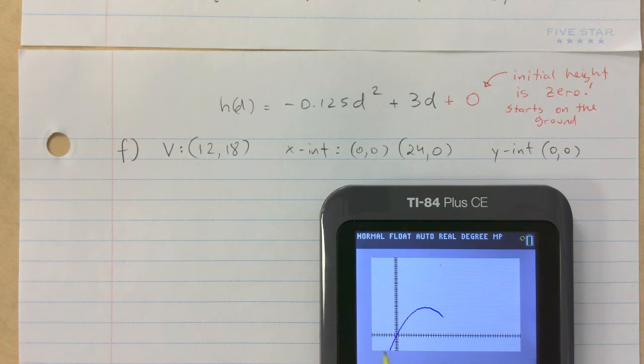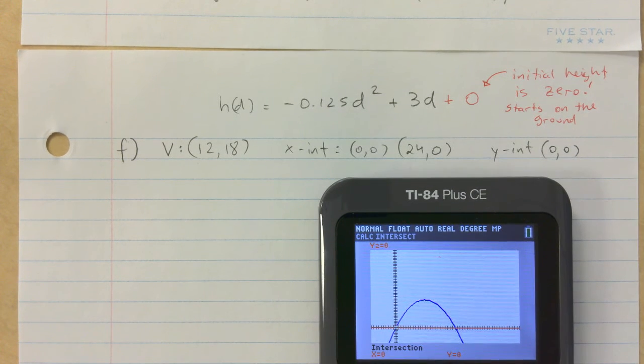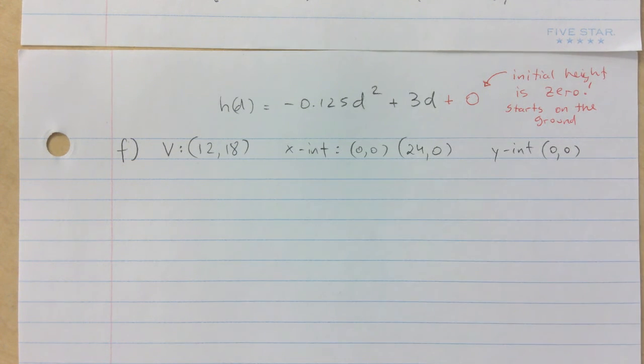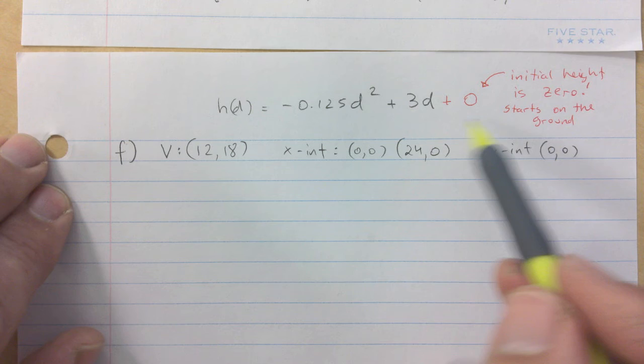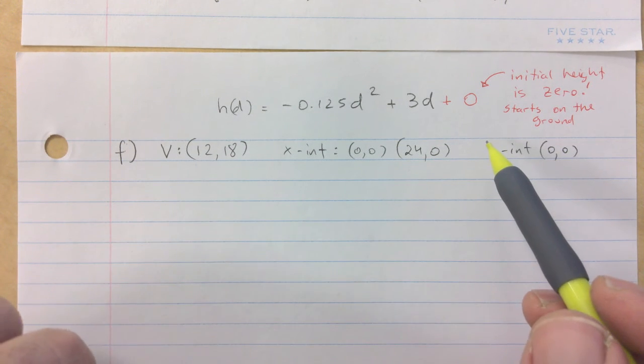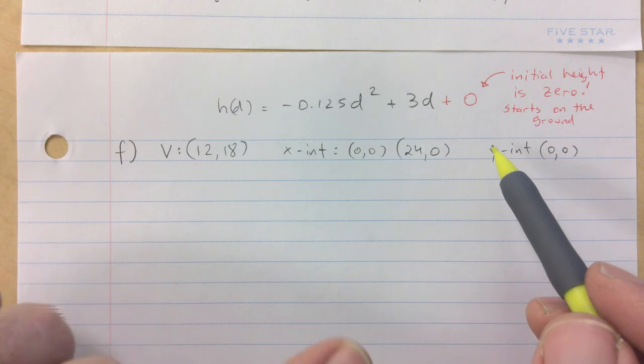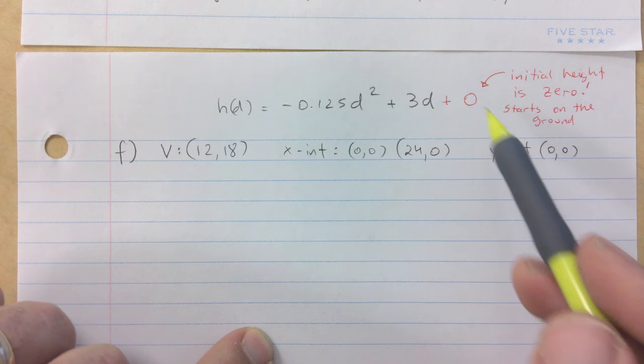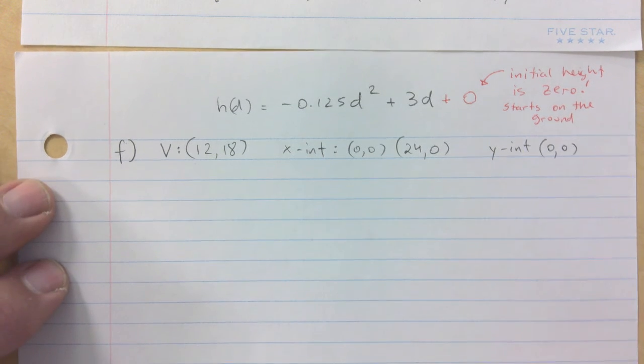I'm going to try to find this starting point here. So second trace, 5. I want the beginning. Enter, enter, enter. So it is 0, 0 there. I think it's always nice to have 2 ways of checking. I'm going to use my calculator, and this confirms it. Okay, all right, let's graph.